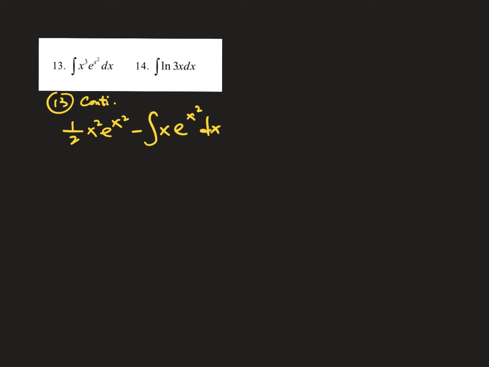Next, we go ahead to continue the integration. Now the expression becomes an integration of x e to the power x squared dx. We need not do integration by parts once again, because if you are reading the expression carefully, it can be done by substitution. For example, we can let u be x squared, and so du will be 2x dx.